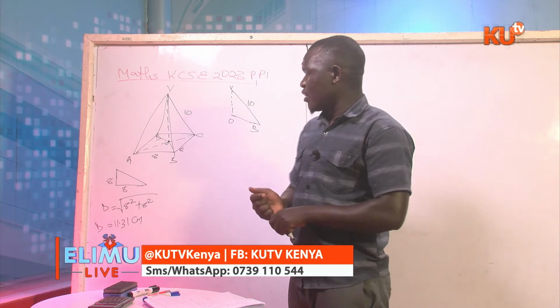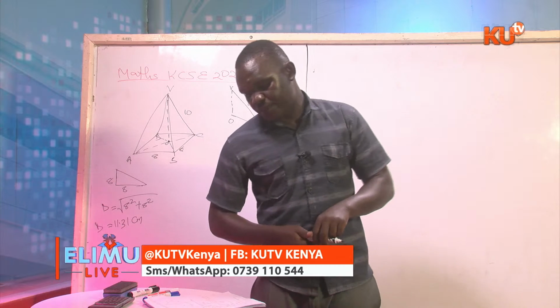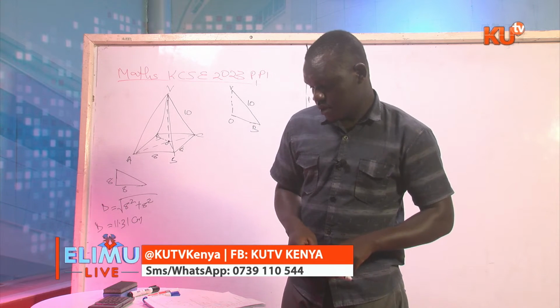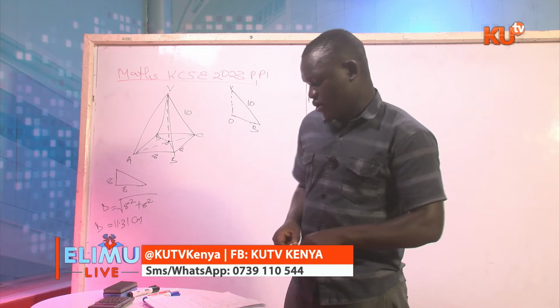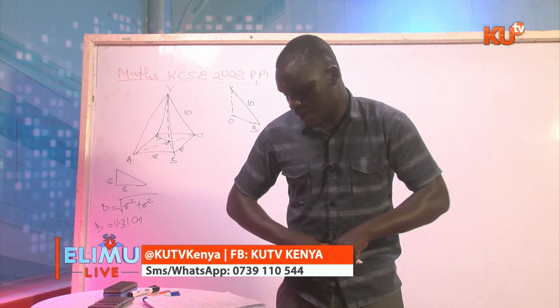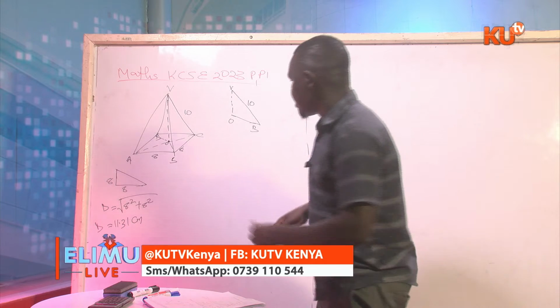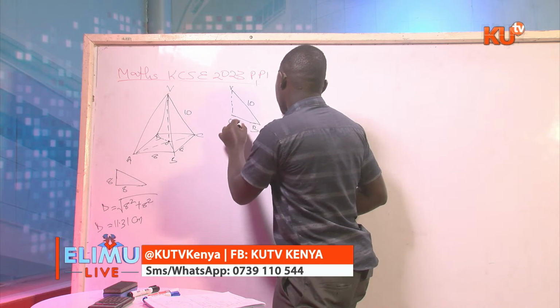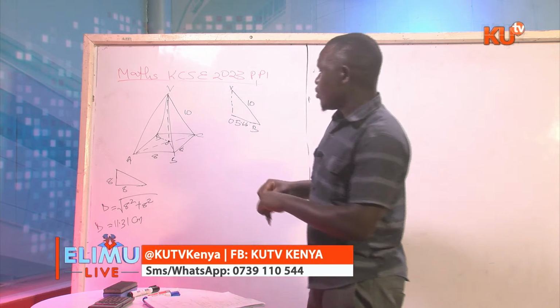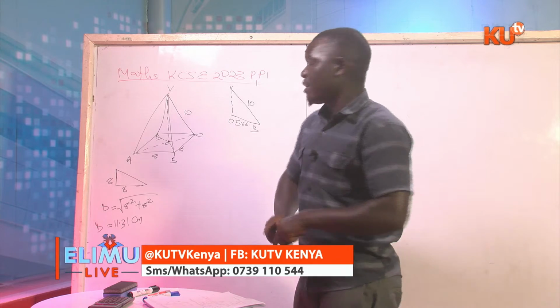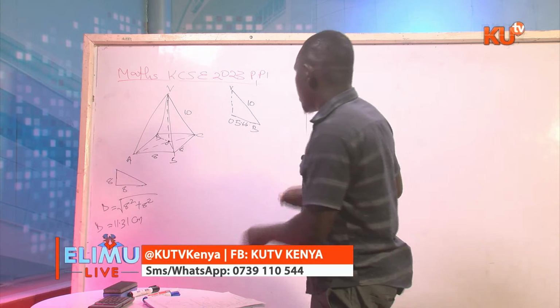Remember that OB is half of the diagonal. If the diagonal is 11.31, so half of it will be 5.66. So this is 5.66. Now, they want the vertical height of the pyramid, that is the distance VO.